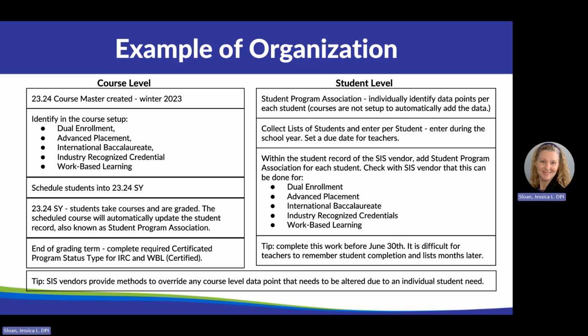So data entry personnel will add the certificated program status to the certified types to show how the student finished those programs. So certified always means you need an extra step.